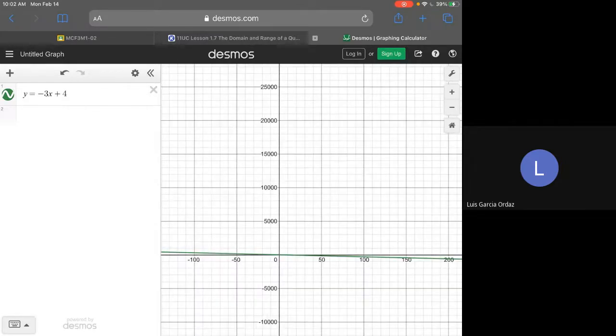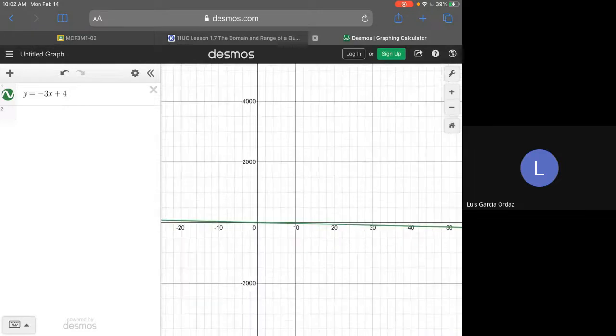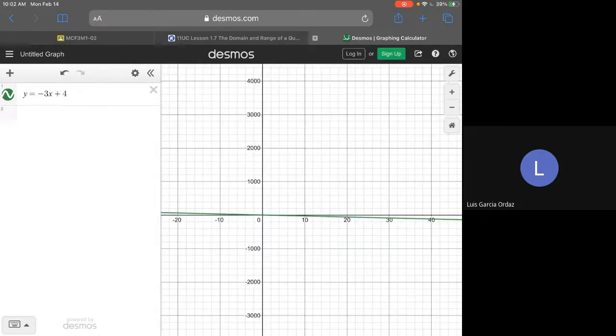So with a line, just like my domain, the range of a line is going to be y ∈ ℝ because there's no maximum y value and there's no minimum y value. Because my line is continuous basically forever until infinity and negative infinity.